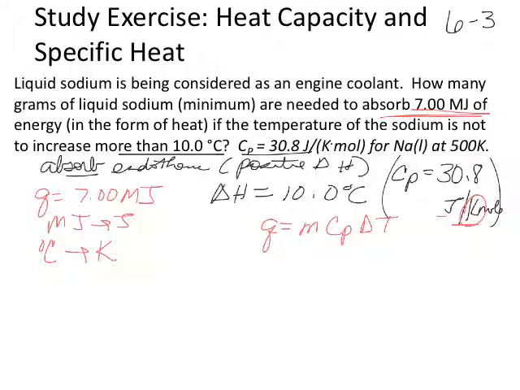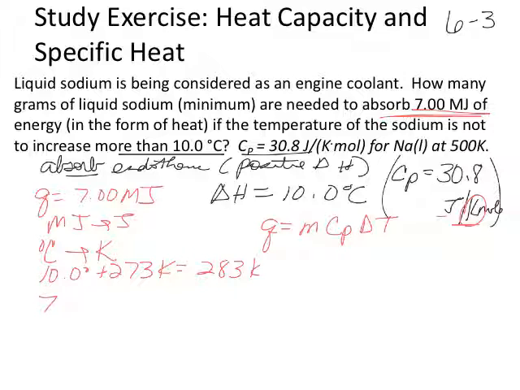So we have 10 degrees Celsius. We add 273 Kelvin, and that's going to be 283 Kelvin.